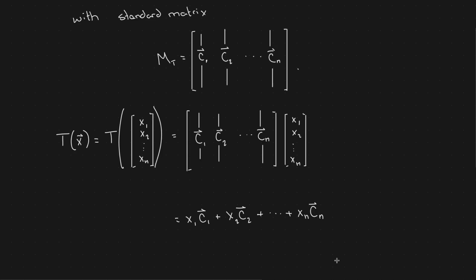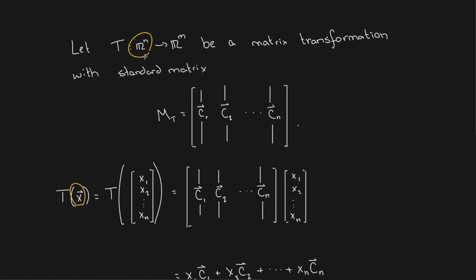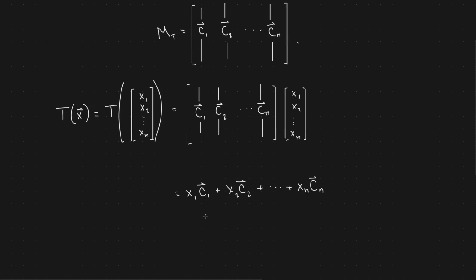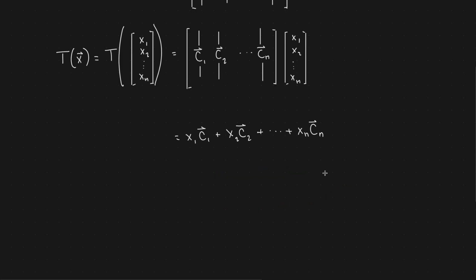This is going to be true no matter what vector x I plug in. I will just get a linear combination of the columns of the matrix. And because I could plug in any vector x, every single n-dimensional vector x that's in Rn, I'm going to get every possible linear combination.